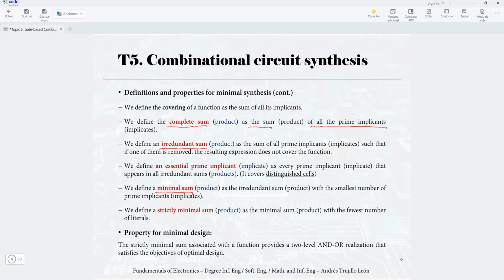And the minimal sum is going to be the irredundant sum that is smaller. We are going to look always for minimal expressions because they imply fewer operations, so fewer logic gates, etc. So they are going to be cheaper systems. So we are going to see examples of irredundant sums and minimal sums.